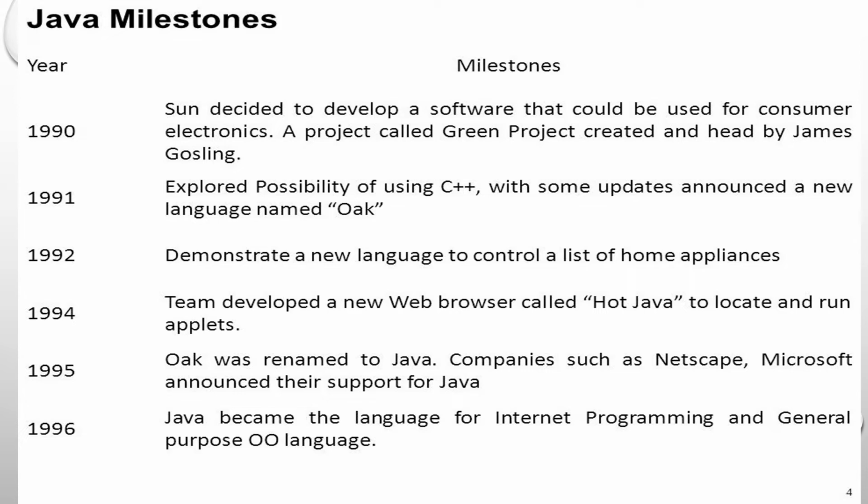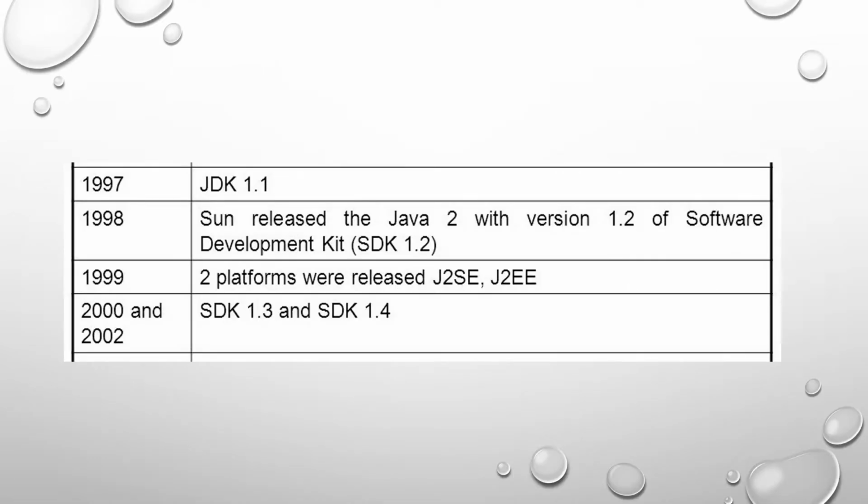Many companies such as Netscape and Microsoft announced their support for Java. In 1996, Java became the language for Internet programming and a general purpose object-oriented programming language. In 1997, Sun Microsystems released the Java Development Kit, that means JDK 1.1.